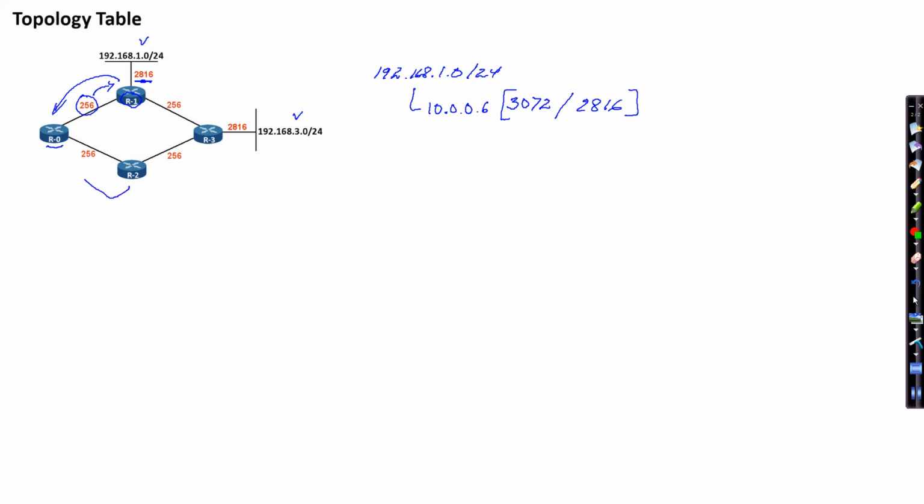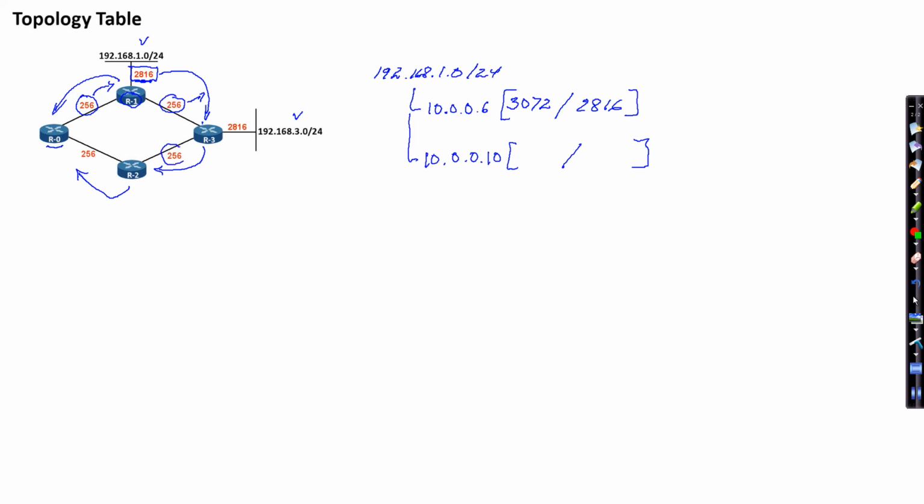Router 2 also advertised to router 0, so we have 10.0.0.10, composite metric of. Starting from router 1 will advertise to router 3. We have a cost of 2816. Router 3 will take this 256 and add to that and advertise as 3072 to router 2.